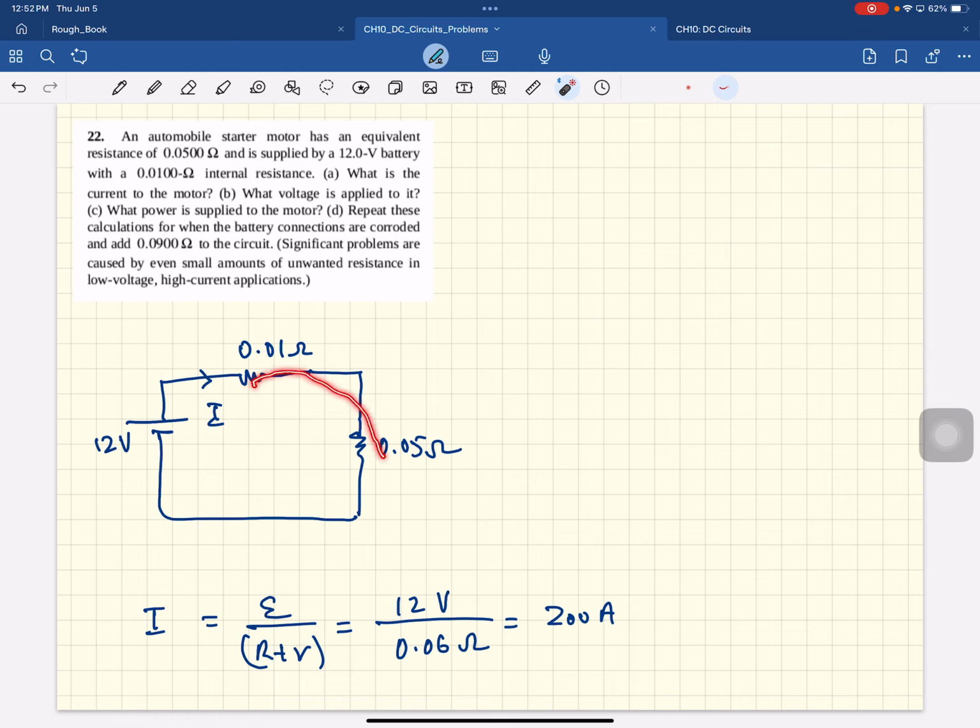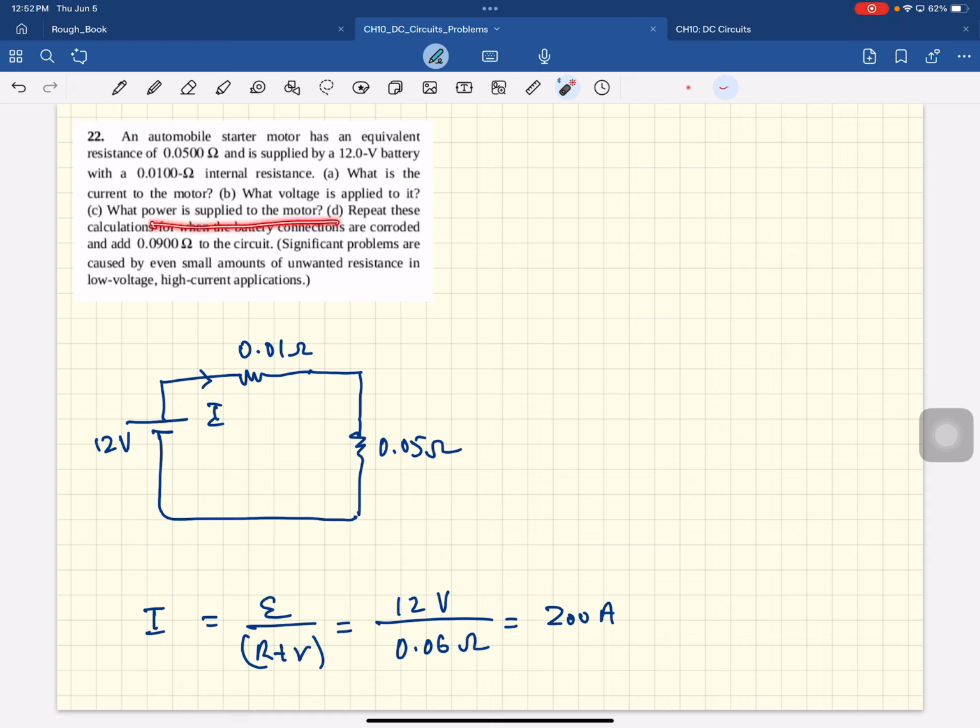Now the total resistance is 0.1 ohms, and the current drops to 120 amps. So just a little resistance added there decreases the current quite a bit. And maybe it might not start your car.